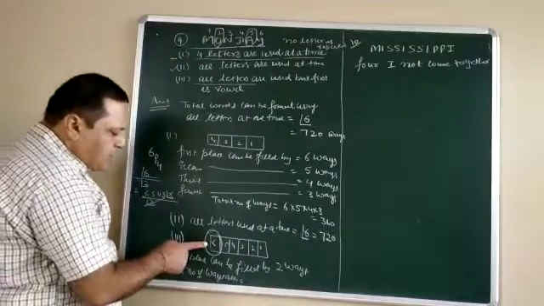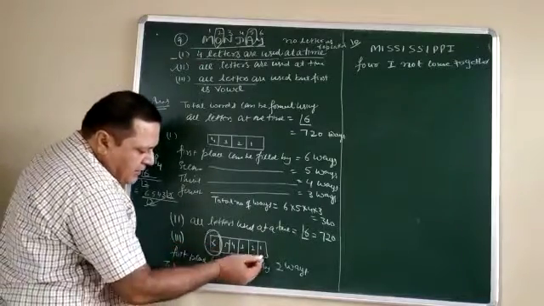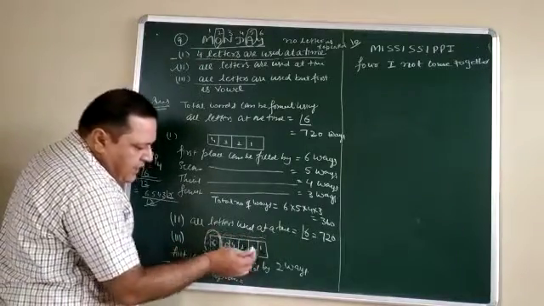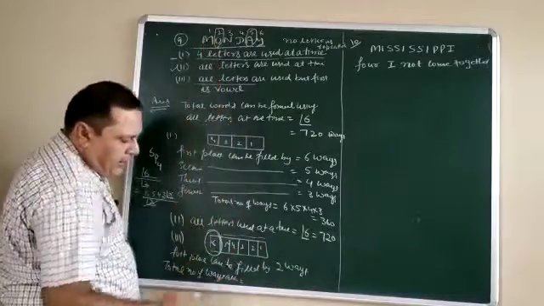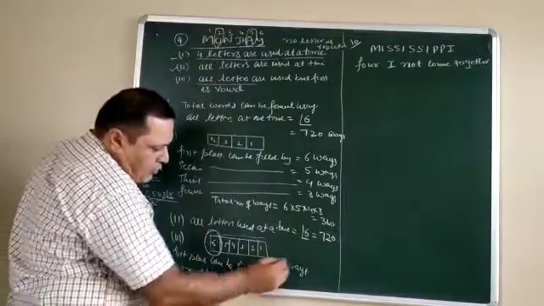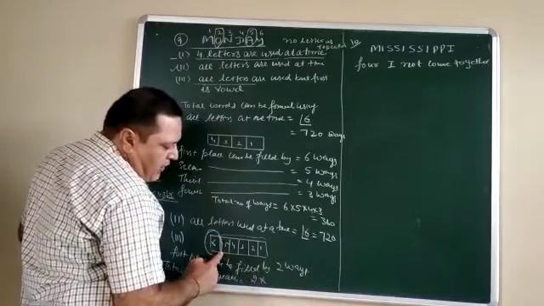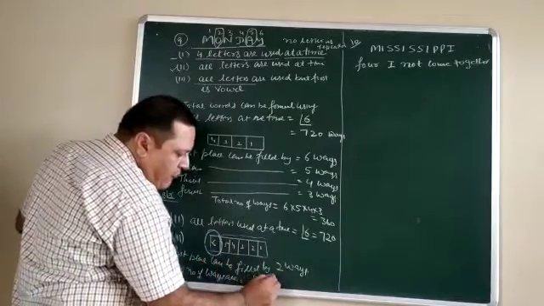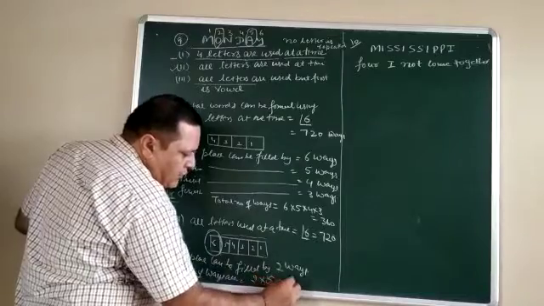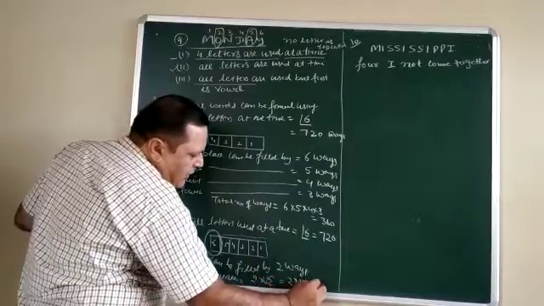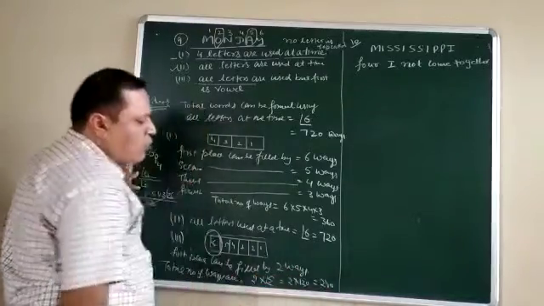It means the first space can be filled in two ways, and the rest of the five spaces can be filled by the rest of the five letters. So total number of ways is 2 into 5 factorial, as the five letters can arrange themselves. So it is 2 into 120. So the answer is 240.